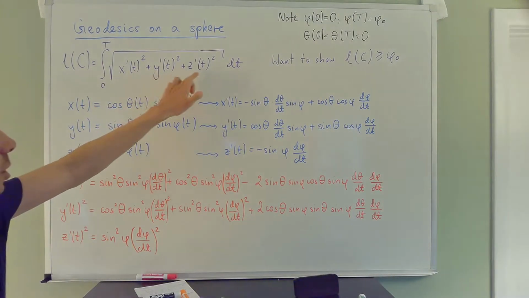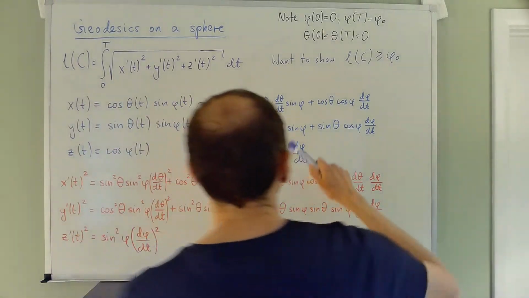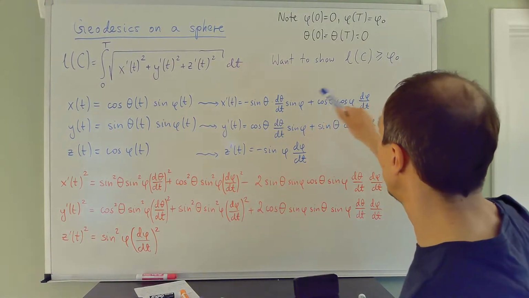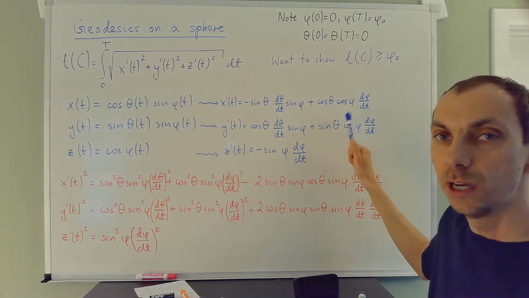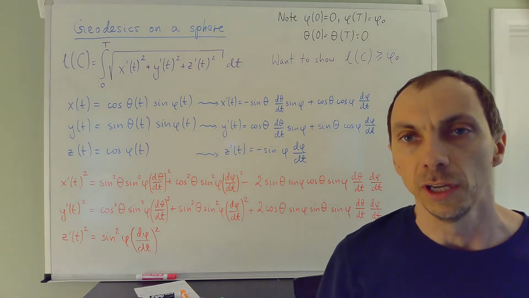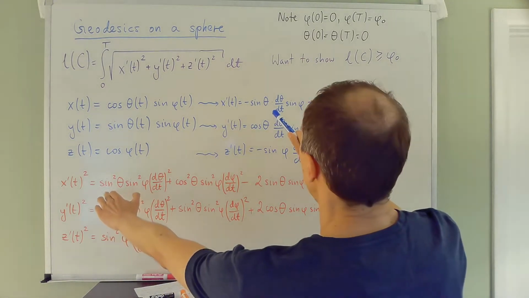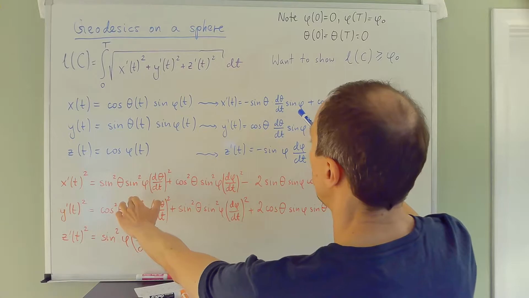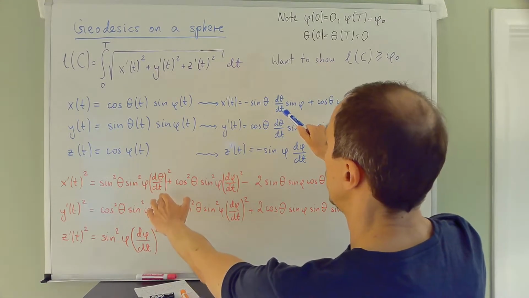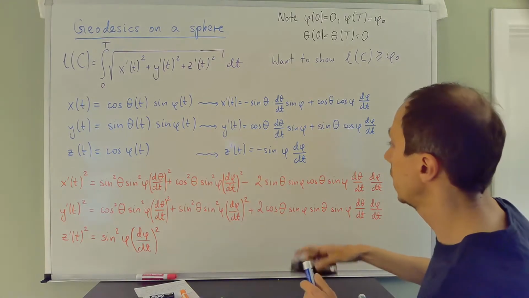The next thing that I need to do is to square all of those. So let's square x prime of t first. So look, x prime consists of these two terms, this and that. So think about it as a plus b. So when I square a plus b, I get a squared plus b squared plus 2ab. So a squared, that's sine squared of theta, sine squared of phi, d theta over dt squared. I'm putting the derivative at the end. Plus, now here I have to correct that mistake.